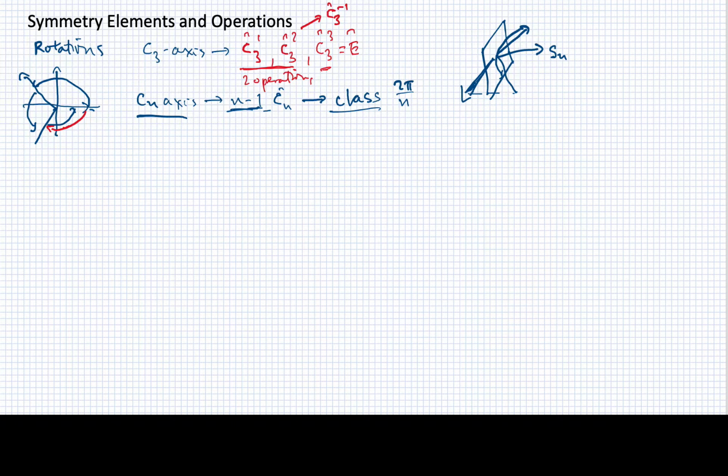I'll have to do a second operation of S sub n to bring it back to the same side of the plane. So for that reason, let's say, for example, I have an S3 symmetry axis.